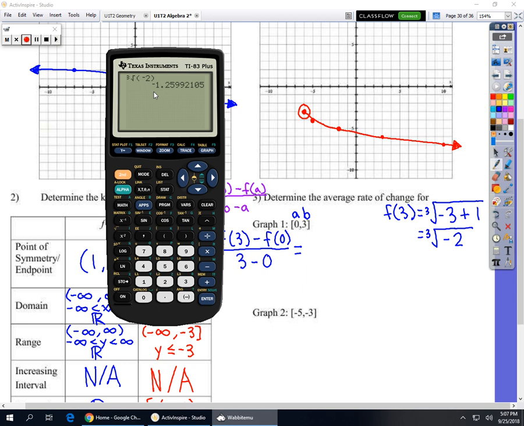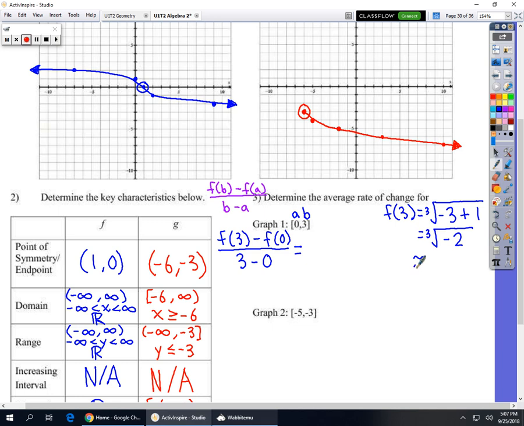Let's round that to negative 1.260. I'm putting a squiggly equal sign, that means approximately. It's about negative 1.260. So there's f of 3. I'm going to use this as a replacement for what I put here. So I found f of 3.